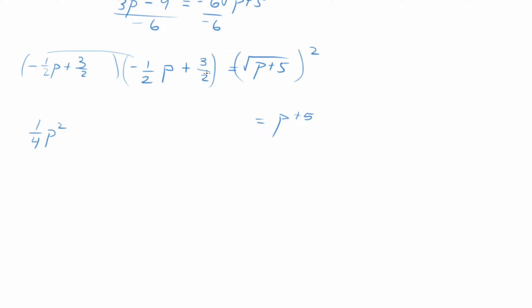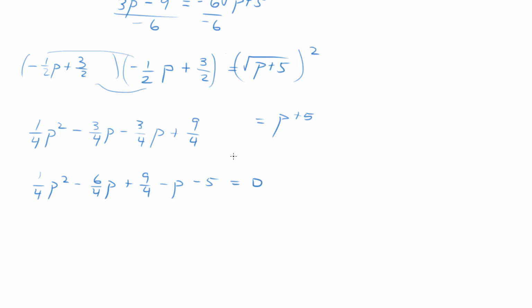Negative 1/2 p times positive 3/2 is negative 3/4 p. Same thing here. Minus 3/4 p. And then plus 9/4. Okay. Then we equal it to 0. You have 1/4 p squared minus 6/4 p plus 9/4 minus p minus 5 equal to 0.